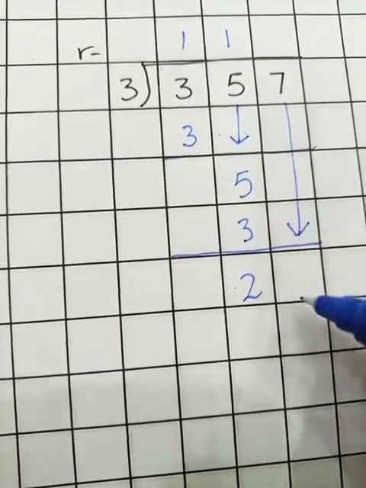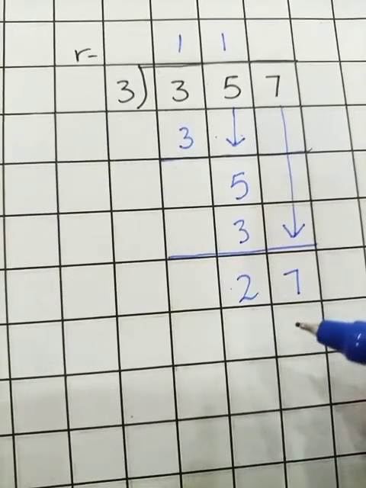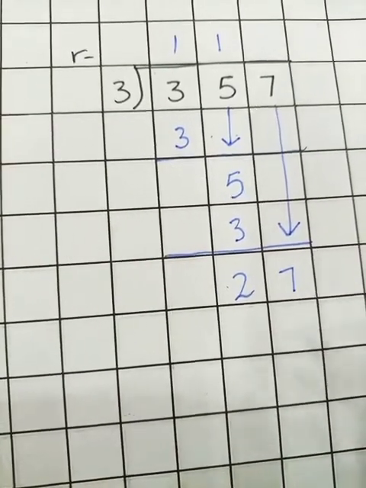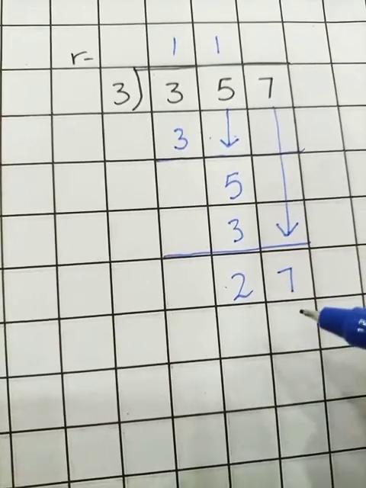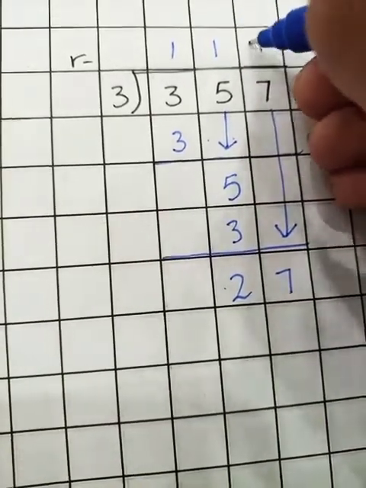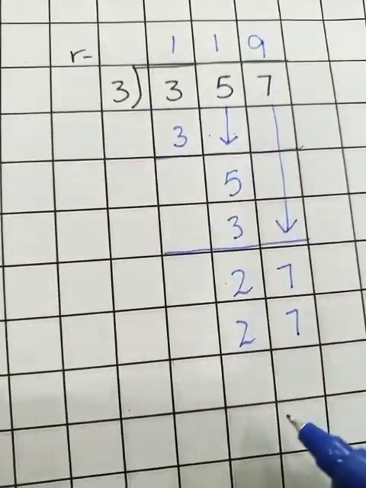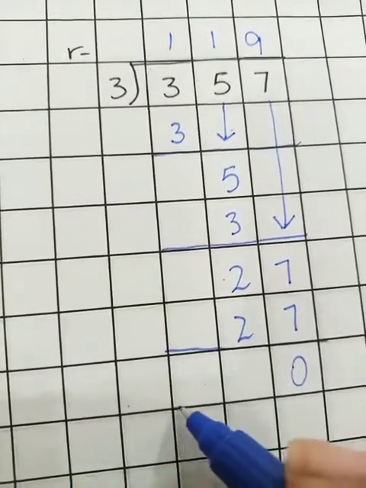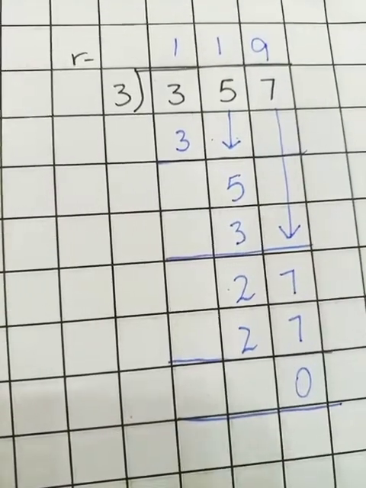This will become 27. 3 ones are 3, 3 twos are 6, 3 threes are 9, 3 fours are 12, 3 fives are 15, 3 sixes are 18, 3 sevens are 21, 3 eights are 24 and 3 nines are 27. Look, in the table of 3 we get the number 27 by the number 9. 27 minus 27 and our remainder is 0 and our quotient is 119.